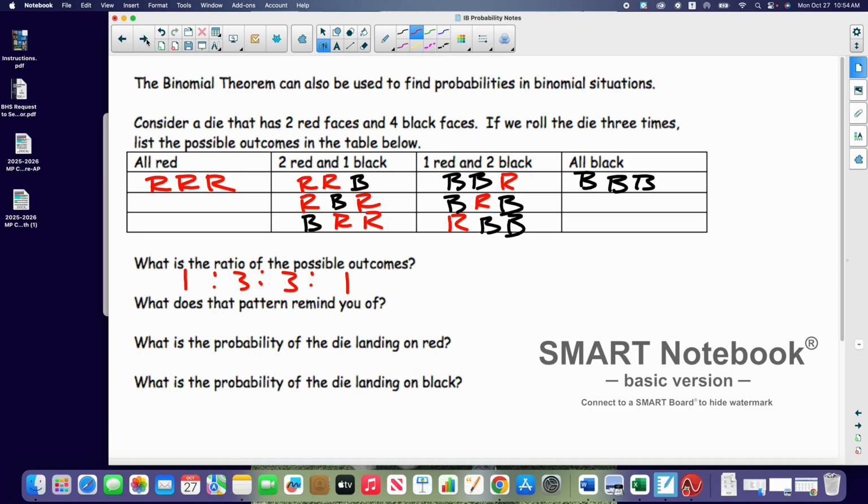Now, take it a little bit further. What's the probability of landing on a red? 2 out of 6, or 1/3. What's the probability of a black? 4 out of 6, or 2/3. Okay?